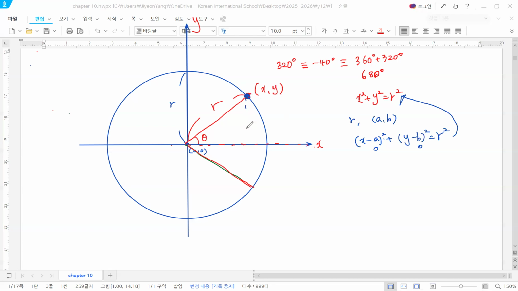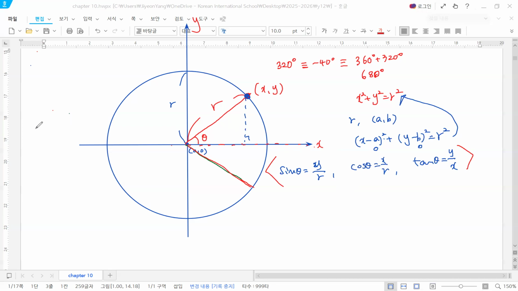Now we are going to define sine theta as y over r. We define cosine theta as x over r. We define tangent theta as y over x. Please remember this definition. Actually, it is connected to the original definition that we've learned from IGCSE.